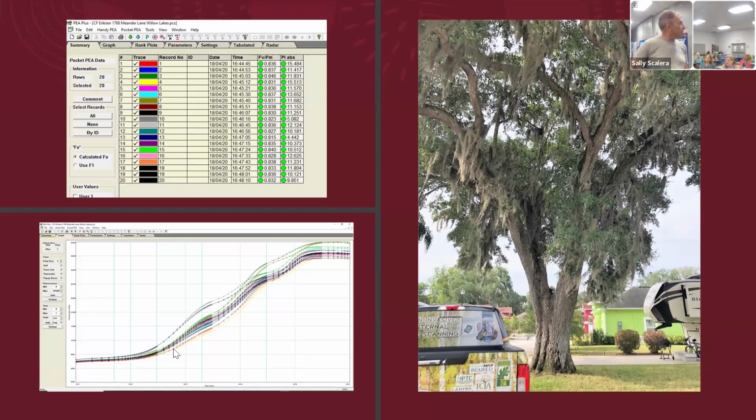And one of the indicators is this, because if it has a physiological advantage right at the top end of the spectrum, it can create the maximum amount of biomass that it needs to put that girth on. And that's why we come back in the second year and we test again. So if it hasn't spread much and we're getting these types of readings, then we're going to leave it alone.